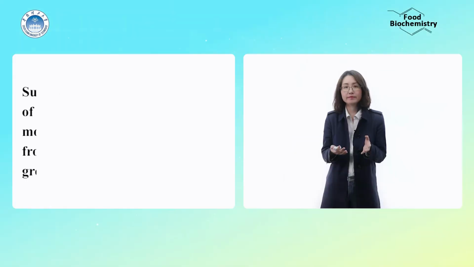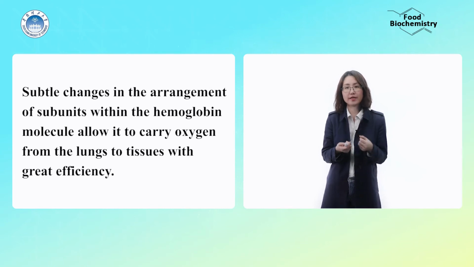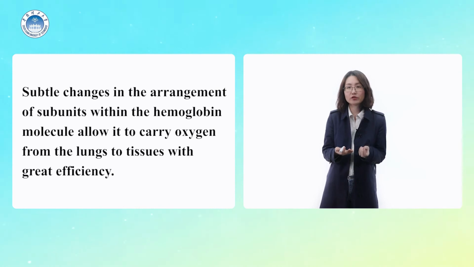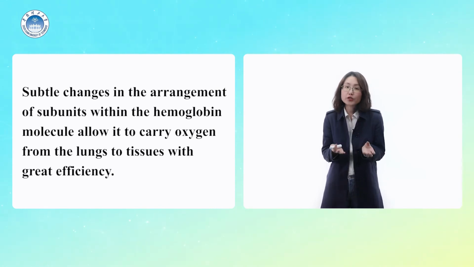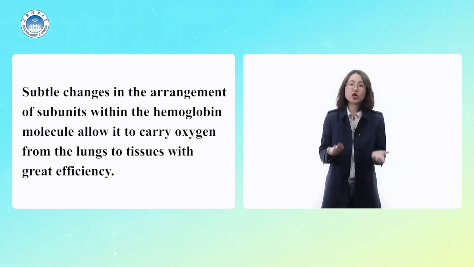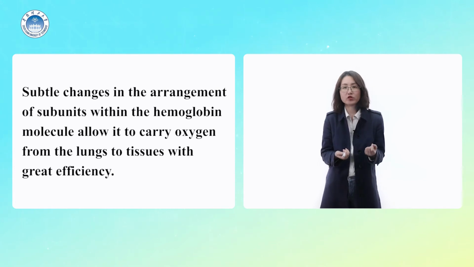Thus, the hemoglobin molecule exists as an alpha-2, beta-2 tetramer. Subtle changes in the arrangement of subunits within the hemoglobin molecule allow it to carry oxygen from the lungs to tissues with great efficiency.